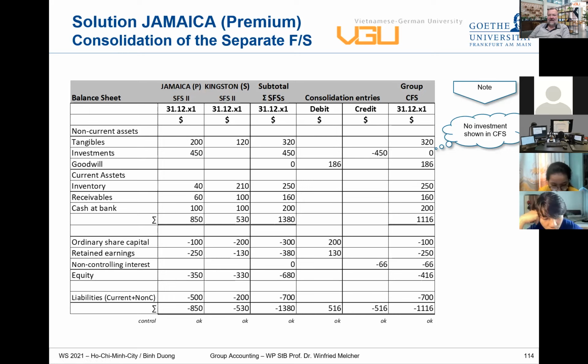Now, Kingston had to be revalued at fair value. So we will put in the fair values for the subsidiary in this column. You see the tangibles include the hidden reserves now. So the hidden reserves are no longer hidden. They are clearly shown on the balance sheet. Same thing with the hidden reserves in inventory.